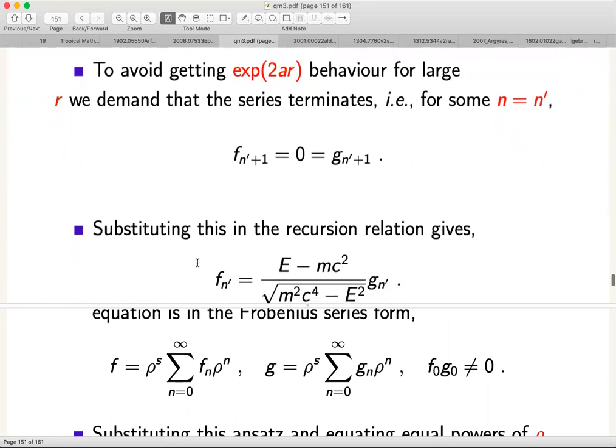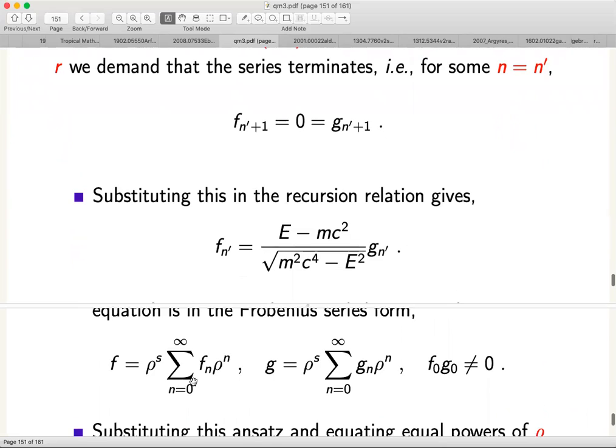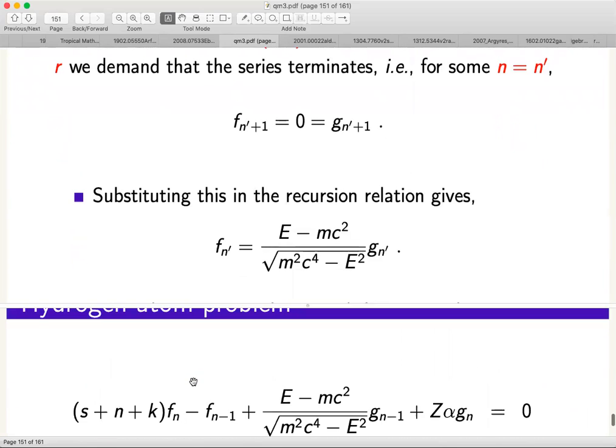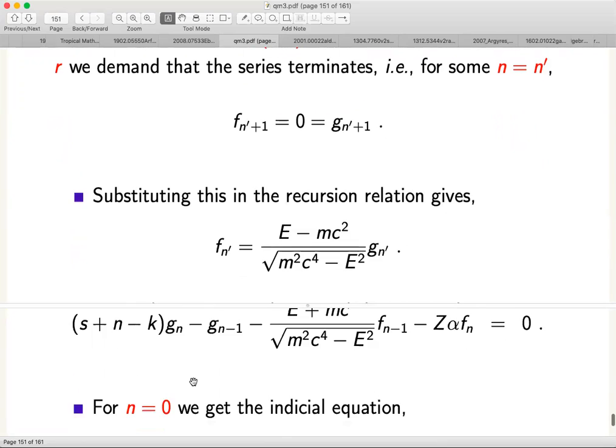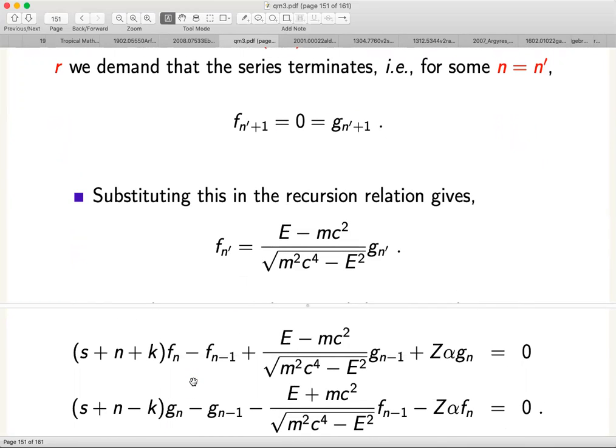If you claim that the n prime plus 1th power is 0, then the nth power would have this relation. This relation is actually independent of this demand. For example, suppose fn minus 1 and gn minus 1 are fine, but fn and gn are 0.